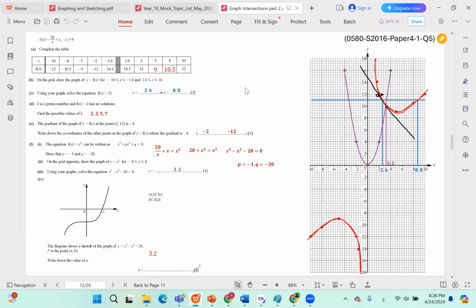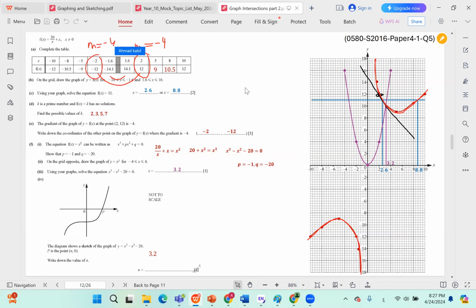And even if you look at the table, you will see that all the values are exactly the same, however, in the negative sense. All the y values are exactly the same. You have 14.1 negative and positive, 12 negative and positive, and so on and so forth. So from the symmetry, just take a guess. If (2, 12) has this slope, -4, it's very likely that this point will also have the same slope.